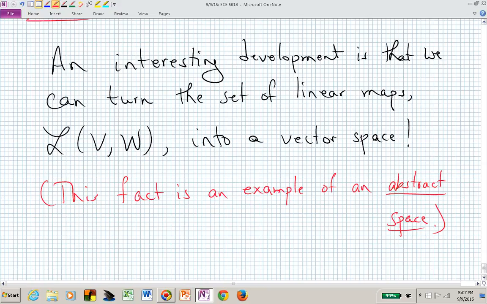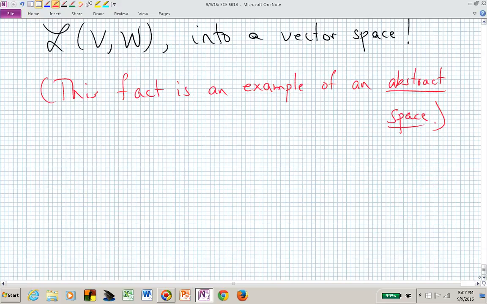This is not like three-dimensional space and two-dimensional space. This is now a more abstract concept. Now we're talking about these linear maps being a vector space. Don't get confused, because I'm going to put things in quotes.